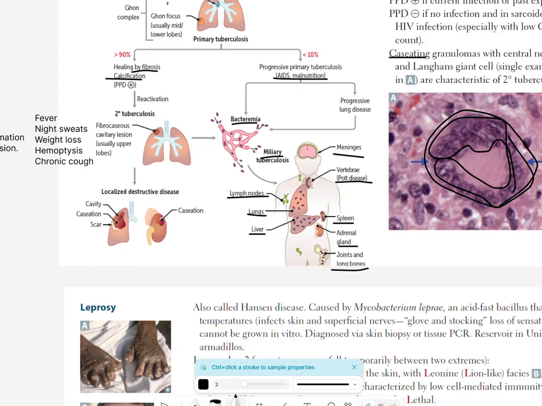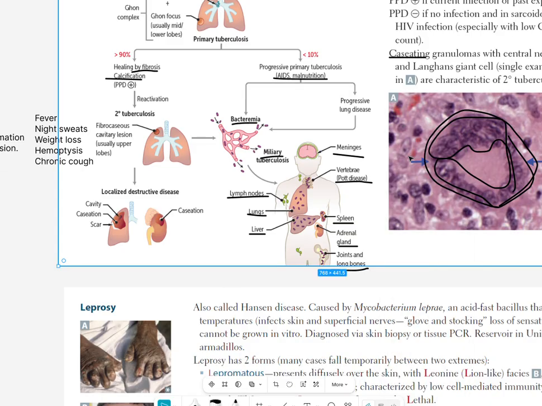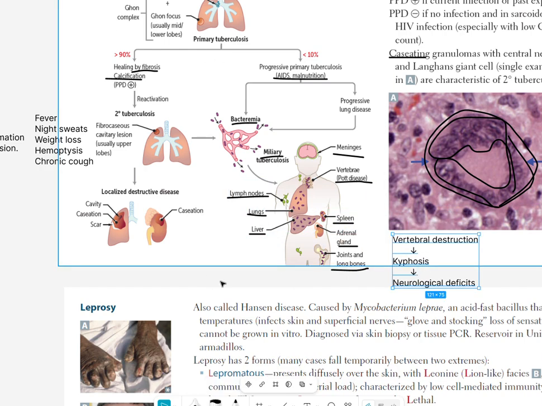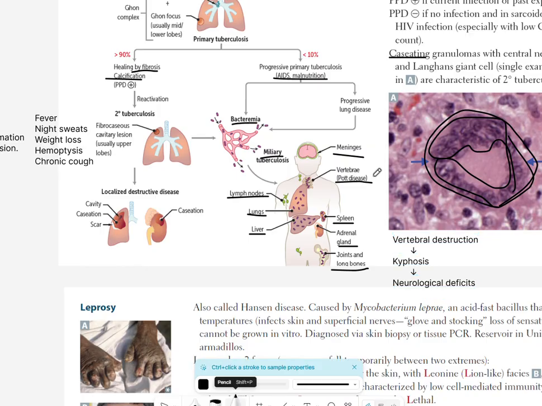This is something that's very commonly tested in exams, so I'll punch it here for you. So Pott's disease is basically vertebral destruction, where you get kyphosis and neurological deficits, right? That's very high yield. Then you have the PPD test that we were calling here, this PPD positive.